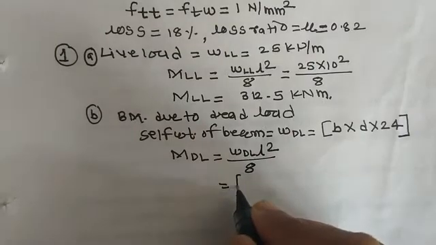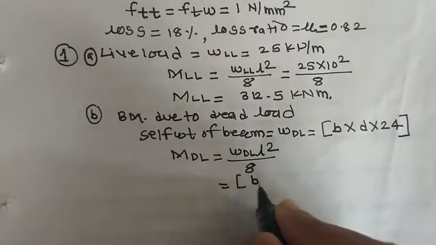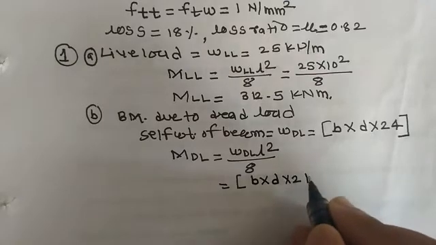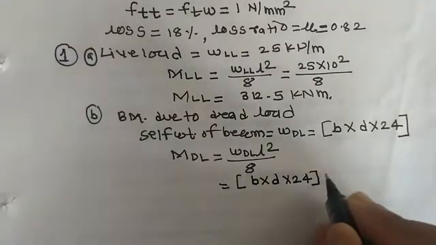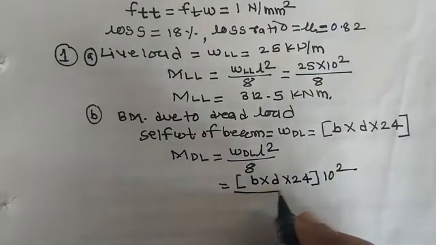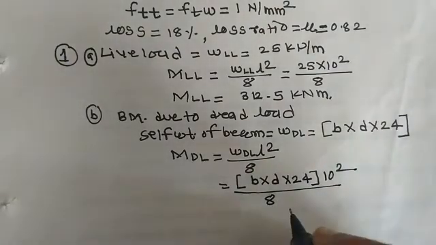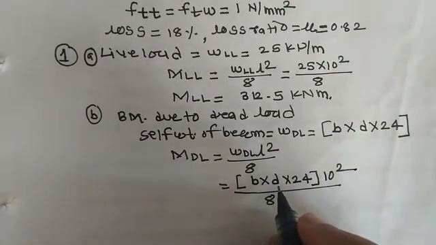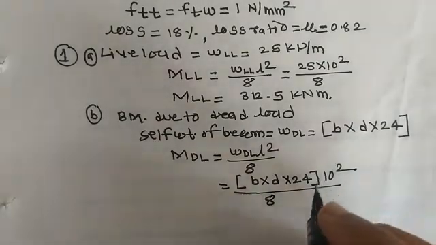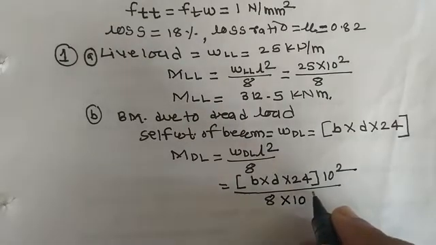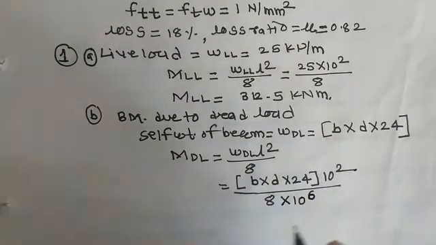So dead load is width of beam, depth of beam, 24 is the density. So 10 square is the span square divided by 8. But assuming that B and D are in mm, we have to convert that value into meter by dividing by 10 raised to 6.